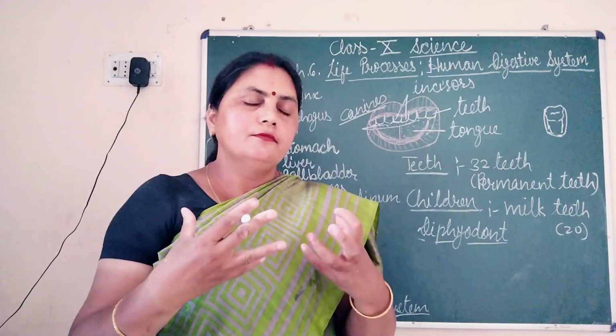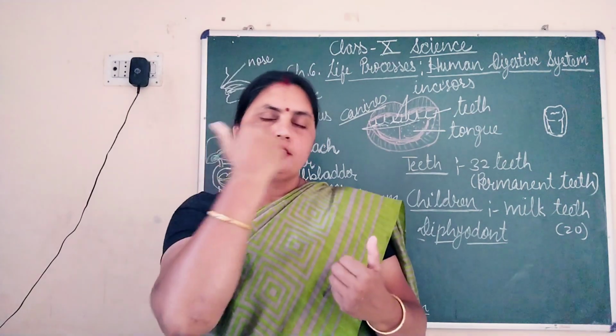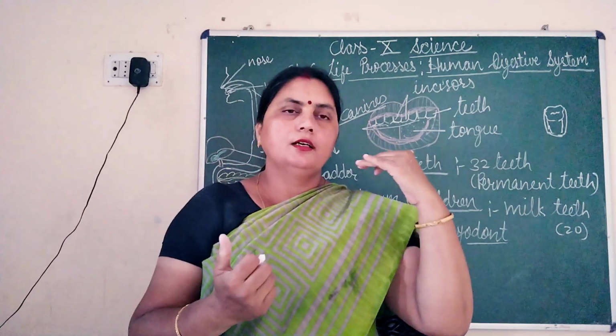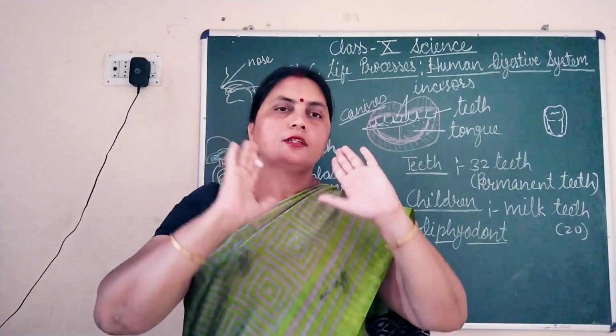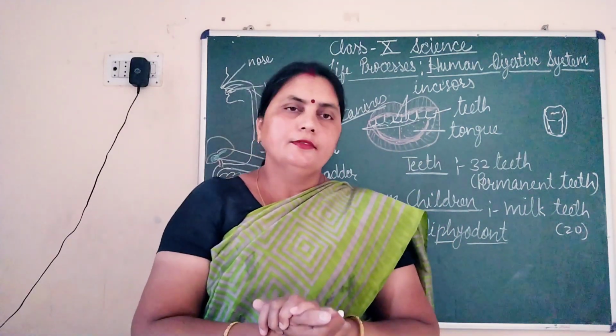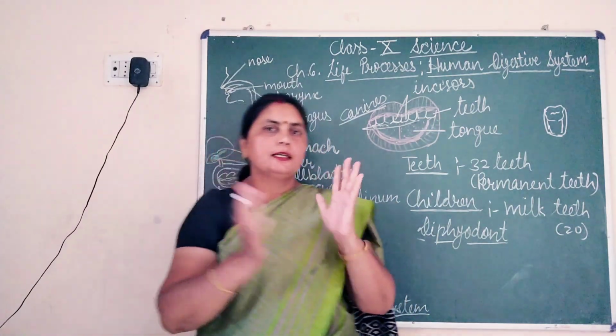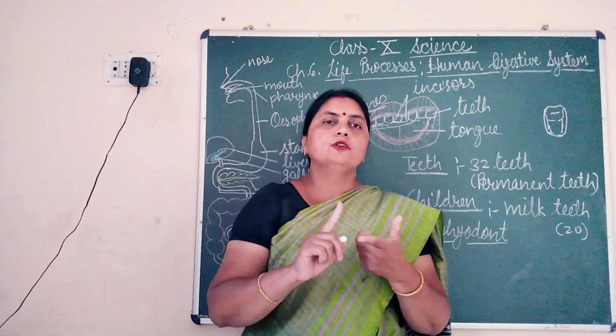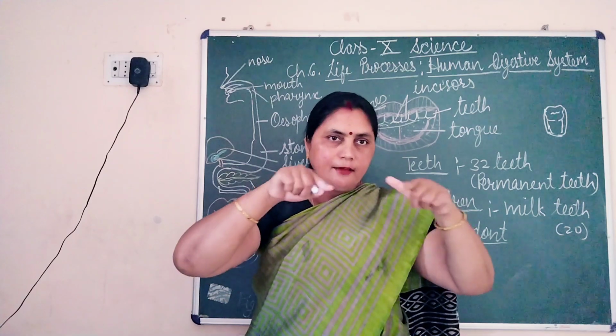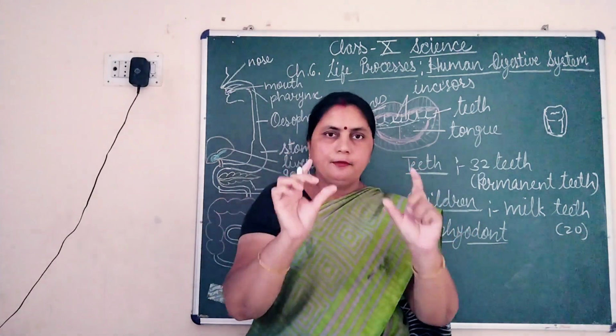Whenever we chew something, it goes to both sides of the buccal cavity. Why does it go to both sides? Because there are premolars and molars which have a flat platform.